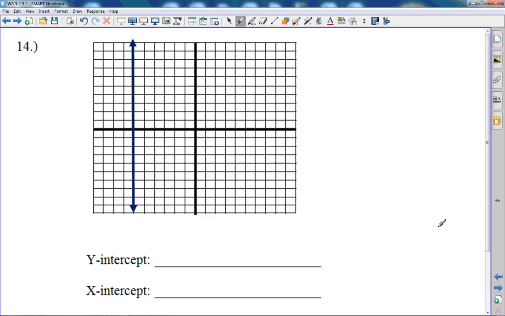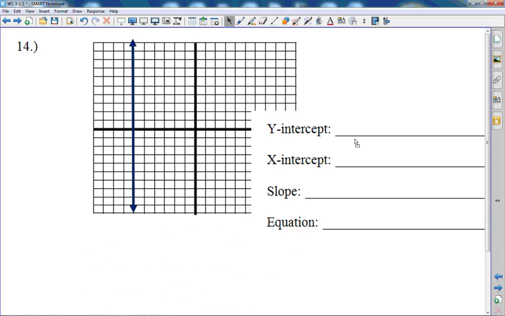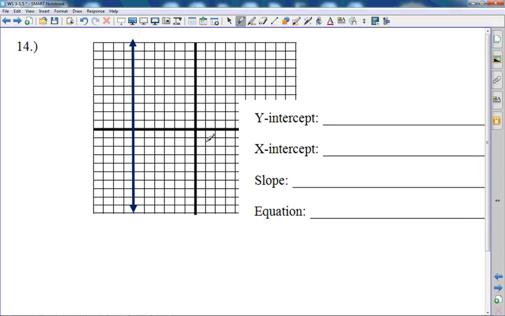Here's the next one. Let me bring all these up here. All right, the y-intercept is right here. It does not cross it. There is none. The x-intercept: 1, 2, 3, 4, 5, 6. I have (6, 0). This reminds me of a wall. The wall is the steepest thing. Can you walk up the wall?